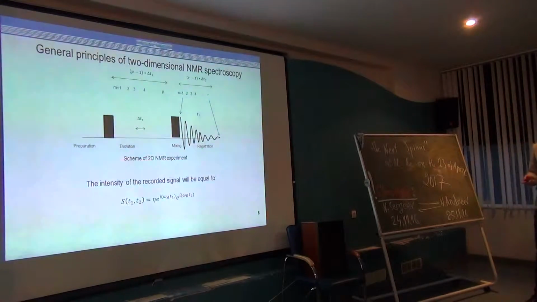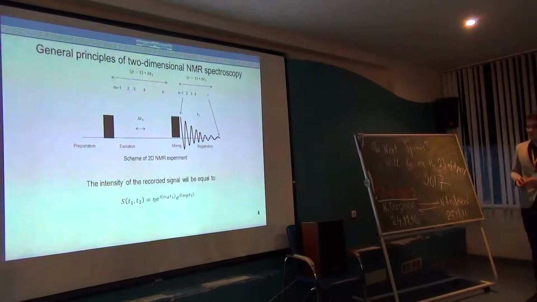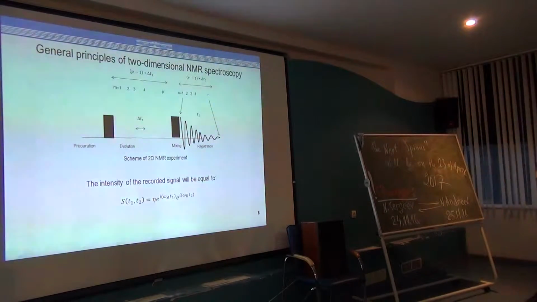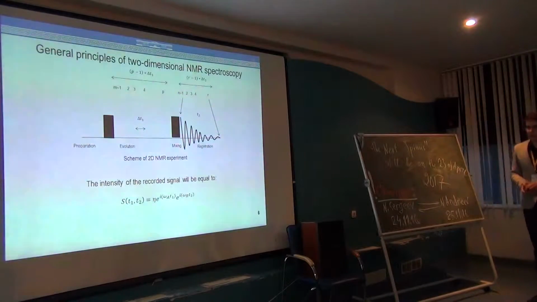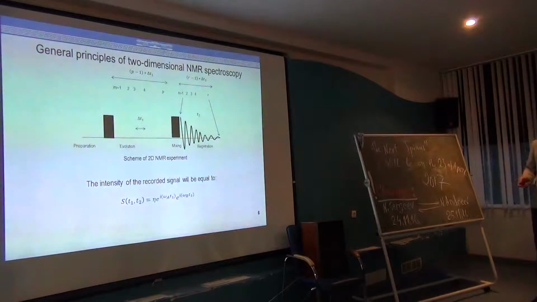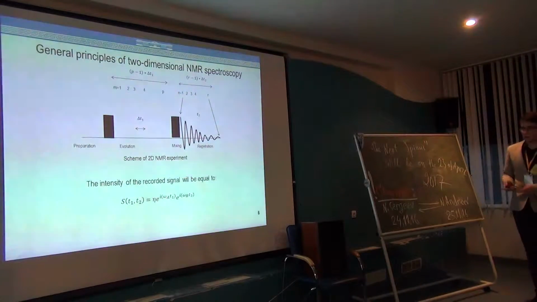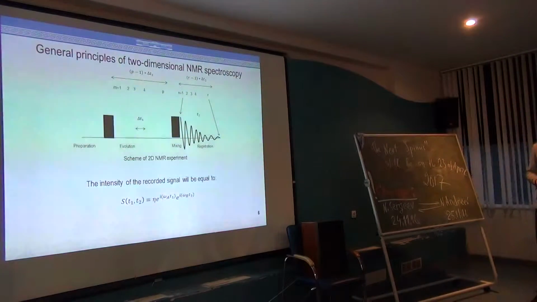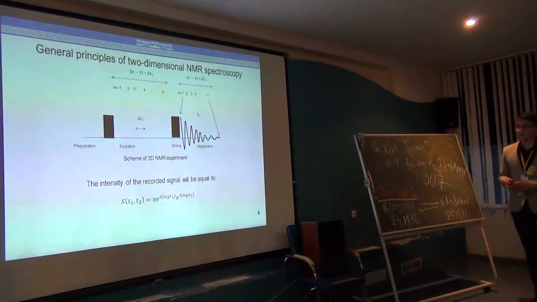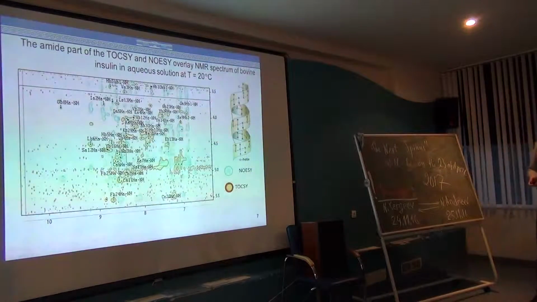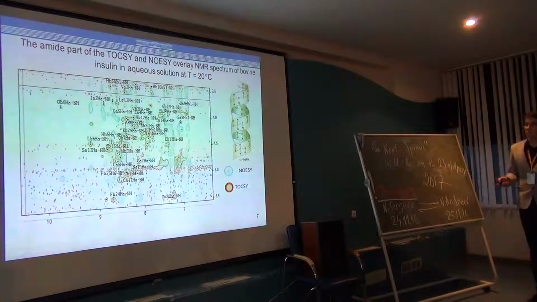After the first impulse, spins precess at their own frequency, and during the mixing period, the magnetization is transferred from one spin to another, and we can detect this by free induction decay. And the intensity of the recorded signal will be equal to the formula presented, where eta represents the efficiency of magnetization transfer.